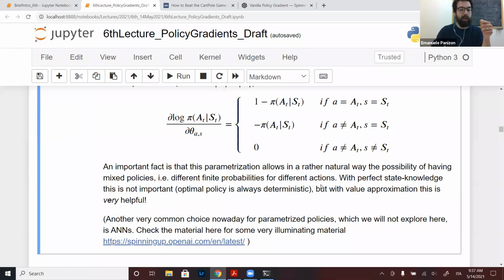For example, it can be that there is a parameterization in which I have two actions, where action 1 is taken with probability 30%, and action 2 is taken with probability 70%.